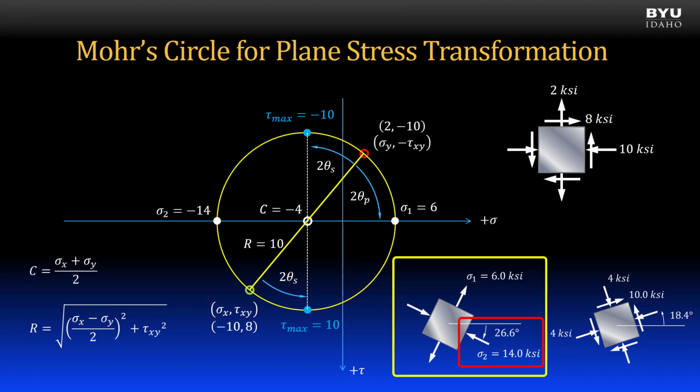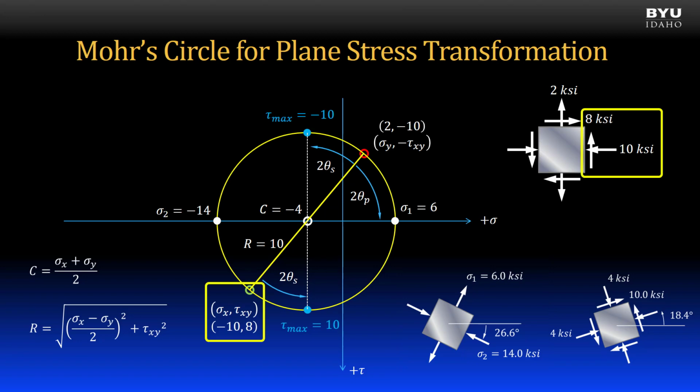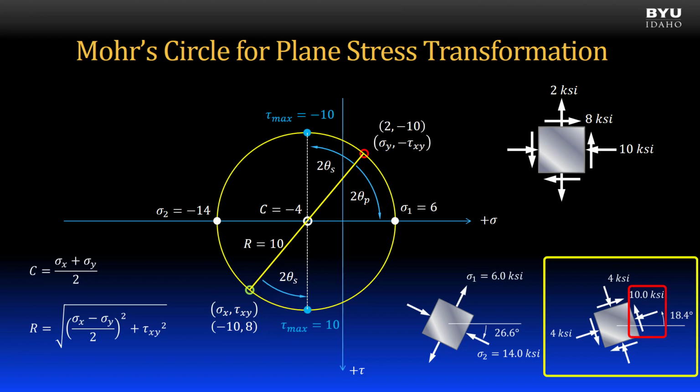We see that when the point representing the x face is rotated in the counterclockwise direction, it transforms to the max in-plane shear stress on the positive side of the tau axis. This means that on the rotated element, the rotated x face has shear stress acting in the positive or counterclockwise direction.